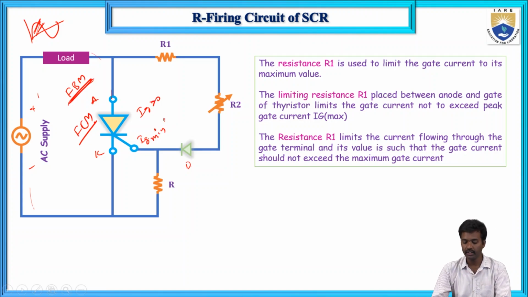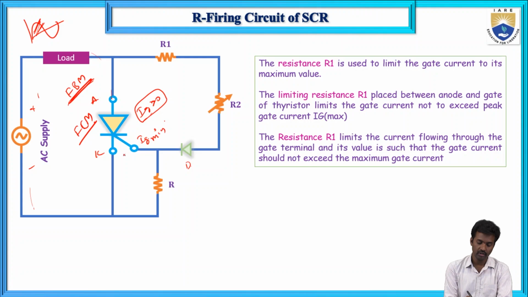Then only the SCR, with junctions J1, J2, J3 forward biased, will be in forward conducting mode.